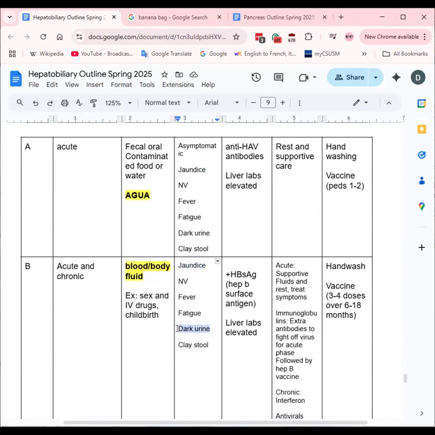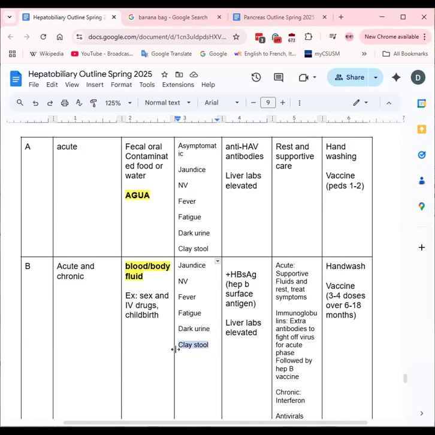Dark urine, that's occurring because of bilirubin buildup. So you'll see dark urine with the conjugated bilirubin. Your liver acts upon it and it's more water soluble, but the liver is not really having an easy time putting it into bile, so it just gets peed out, and that's why your urine is dark, because of the bilirubin in the pee.